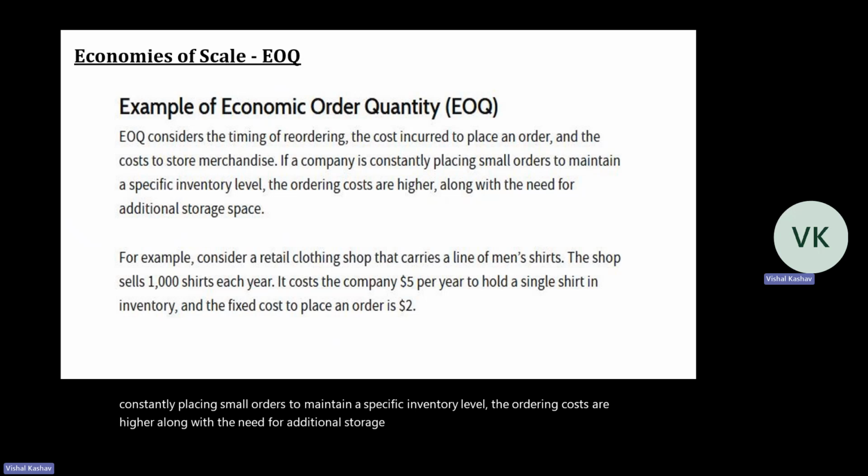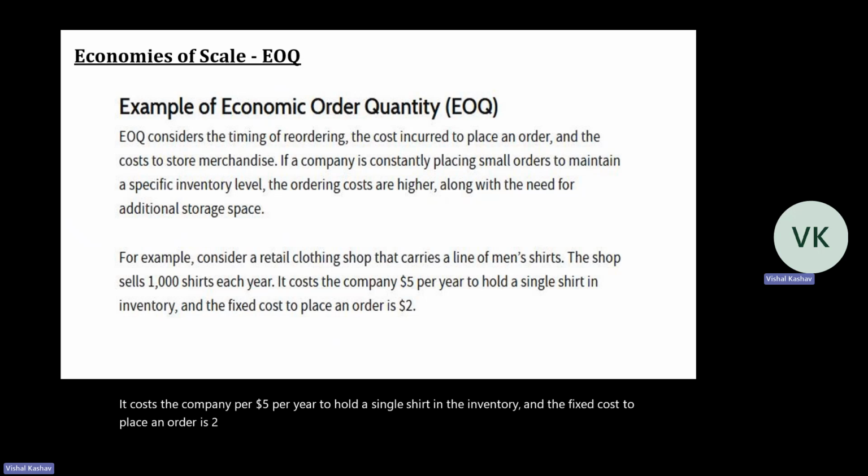For example, consider a retail clothing shop that carries a line of men's shirts. The shop sells 1,000 shirts each year. It costs the company $5 per year to hold a single shirt in the inventory, and the fixed cost to place an order is $2.